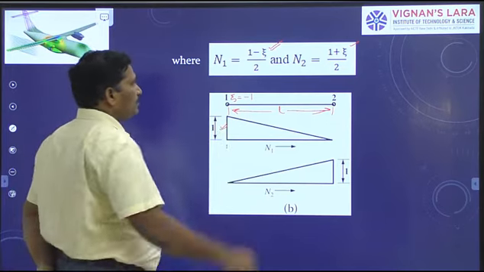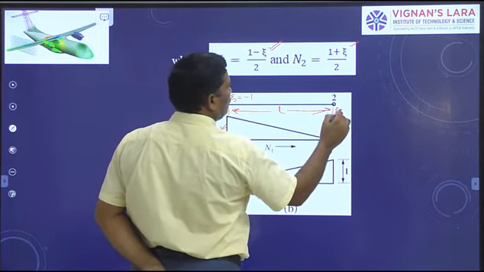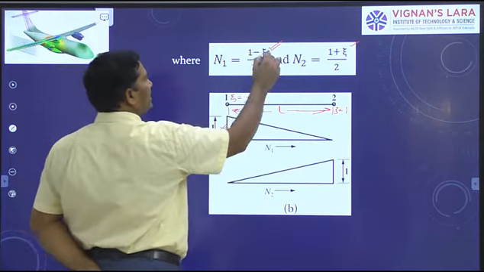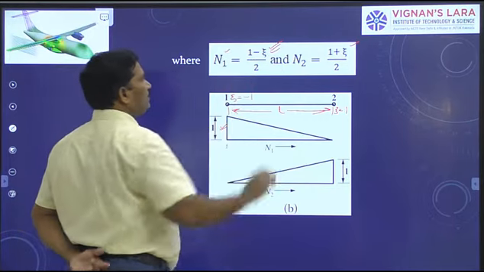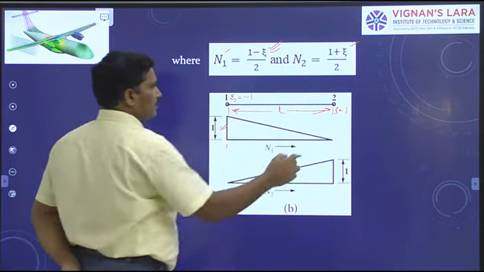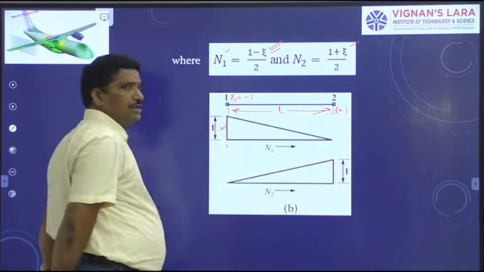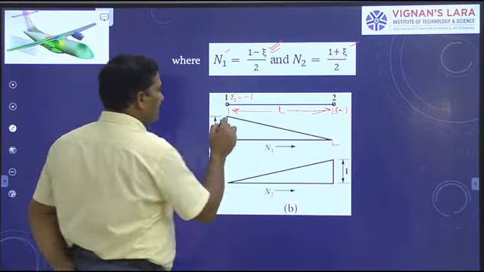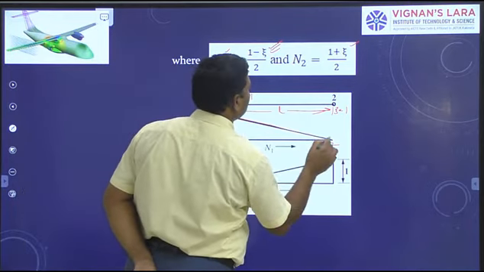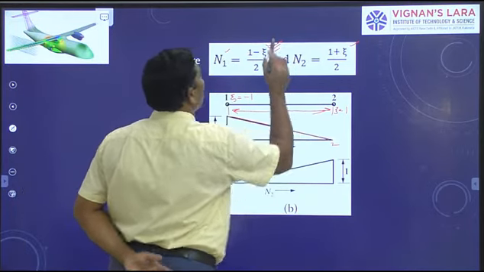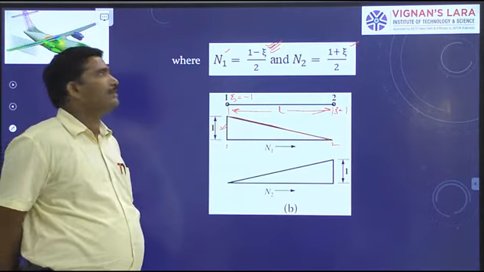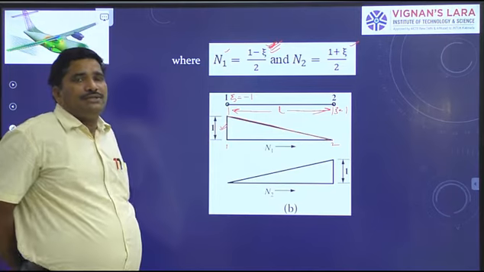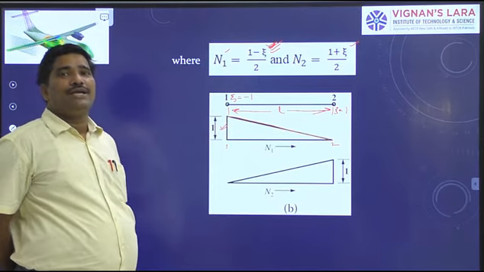At node 2, j equals plus 1. Therefore, put 1 here in place of j. Then n1 equals 0. How n1 is varying? Linearly, because this represents a linear polynomial in natural coordinate j.